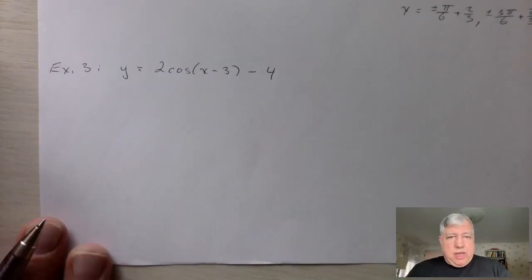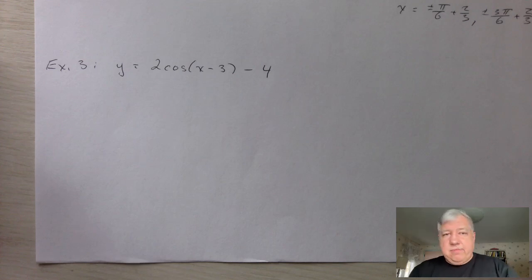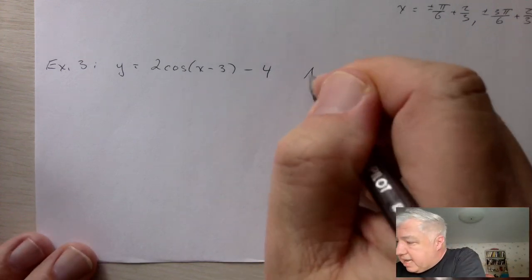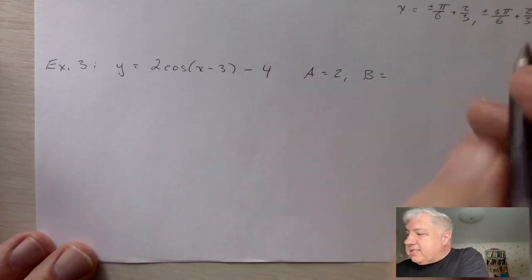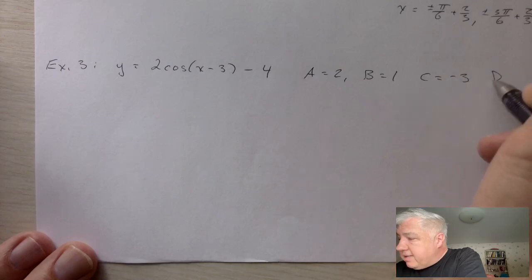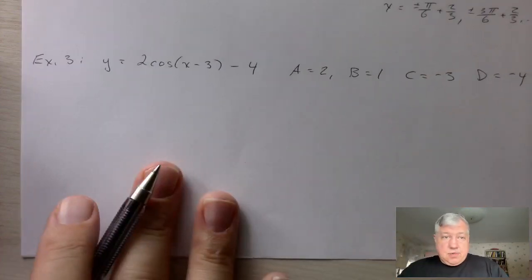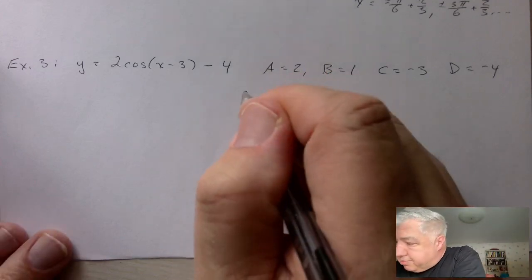Okay. Let's look at example 3. Y equals 2 cosine of x minus 3, minus 4. In this case, A is 2, B is 1, since this is 1x, C is -3, and D is -4. All right, so the amplitude is 2.